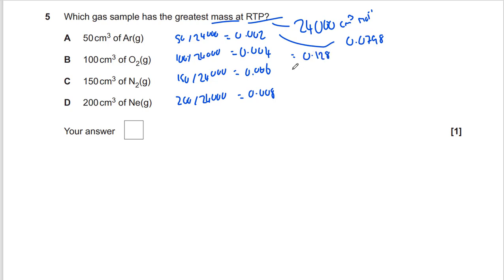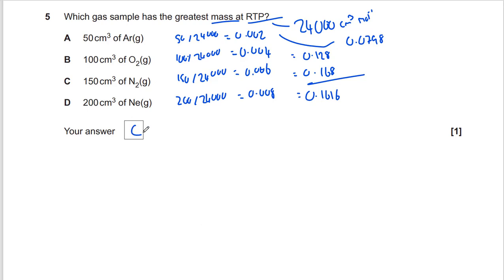For nitrogen, 0.006 times 28, I get 0.168. And for neon, I'm multiplying by 20.2, so 0.008 times 20.2, and I get 0.1616. Therefore, you just have to look for whichever one is the biggest number. The biggest number is 0.168, so the answer is C.